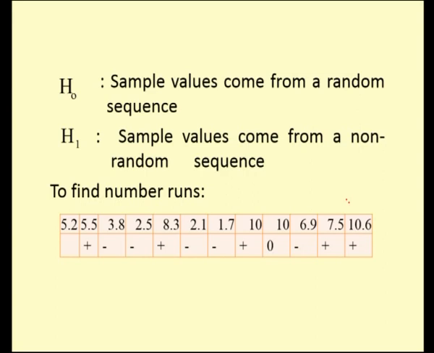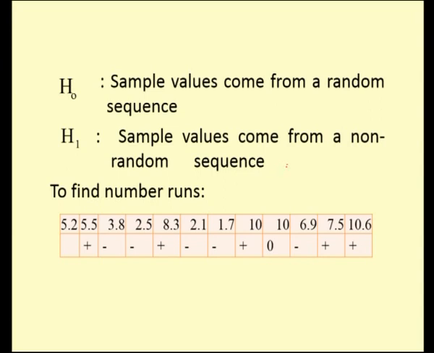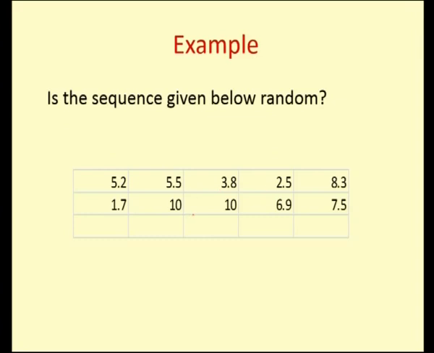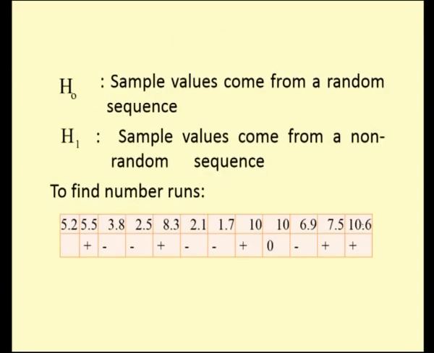H naught is that the sample values come from a random sequence. Alternative, we take that the sample values come from a non-random sequence. Now, the problem is we have to find the number of runs. The given problem is taken as it is.